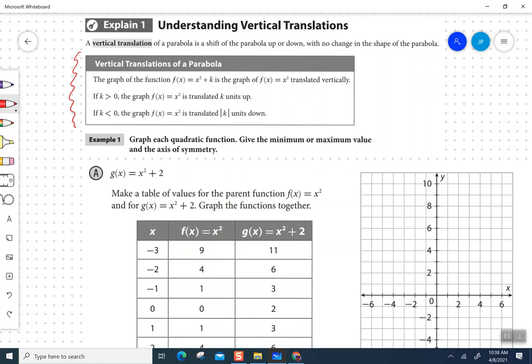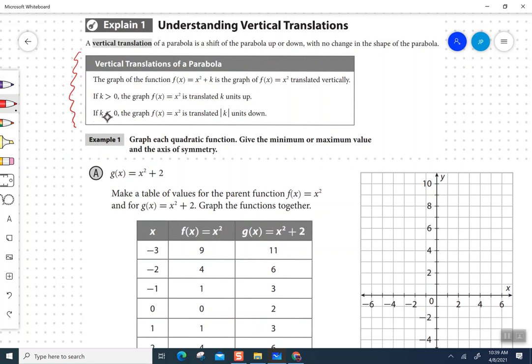Now, if the k is bigger than 0, in other words, all whole numbers bigger than 0, basically your counting numbers, your natural numbers, 1, 2, 3, 4, all the way up to positive infinity, you're being translated up.